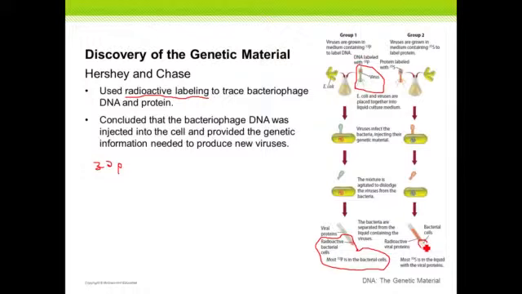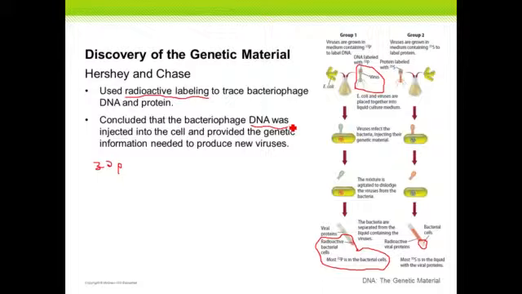So the bacteria were not radioactive when you used the protein labeling. However, they were radioactive when you used the DNA labeling. What that showed is that the virus was injecting DNA into the bacteria, not proteins. And that pretty much definitively proved that DNA was the material of heredity.